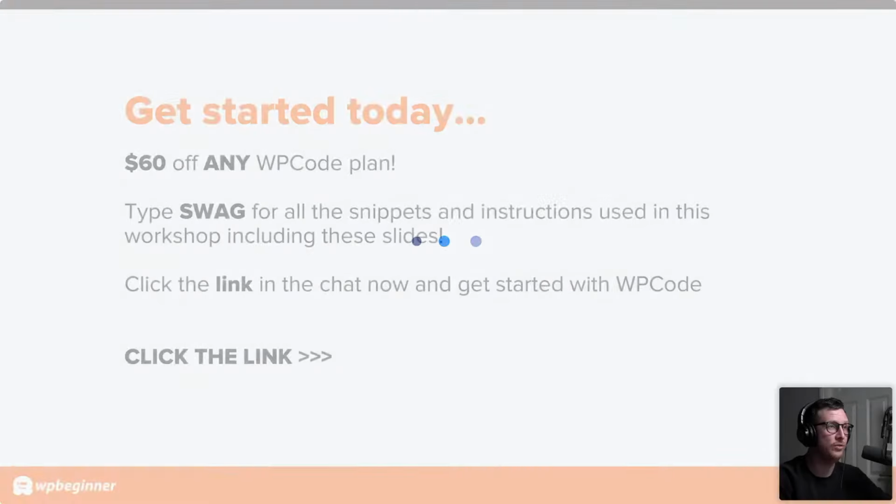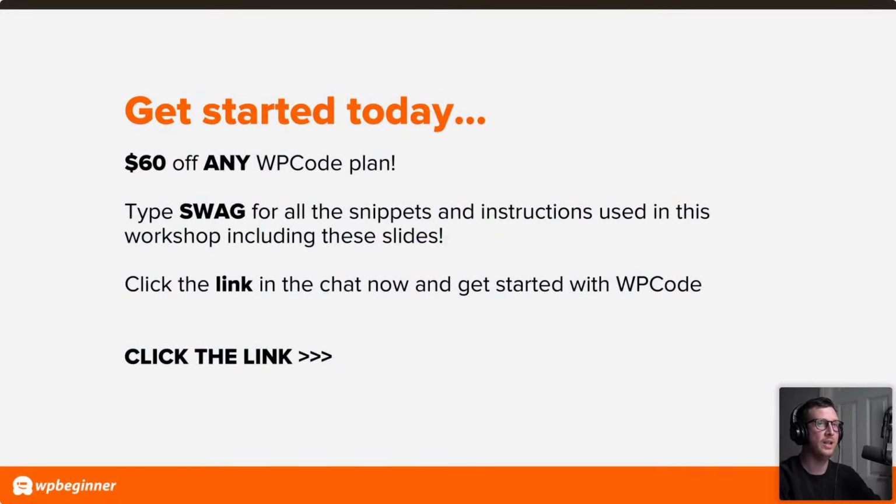Depending on how many client sites you've got, Pro might be a good option. As a developer, I would definitely say WP Code is a superpower that you can acquire really quickly, and for its price point it is a fantastic plugin to use on your site, regardless of whether you're a developer or not.